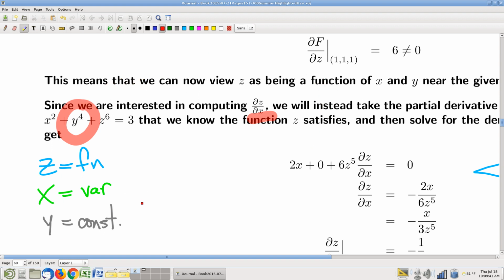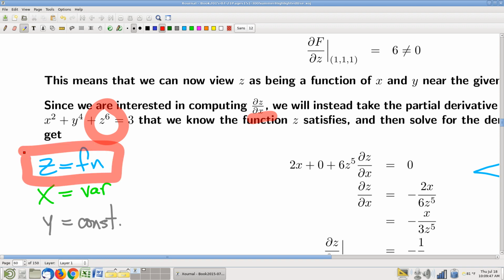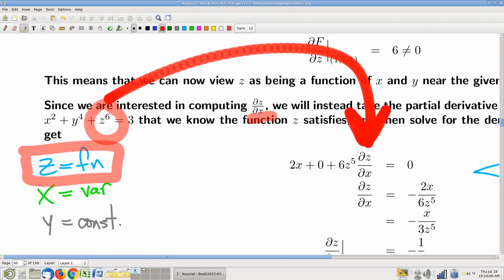And then lastly, this z to the 6th. Well, z is a function of x and y. So I have here the 6th power of z of x and y. So that's a chain rule problem. And so we use the chain rule to write down the derivative. There's only one intermediate variable, and that's z. Right?